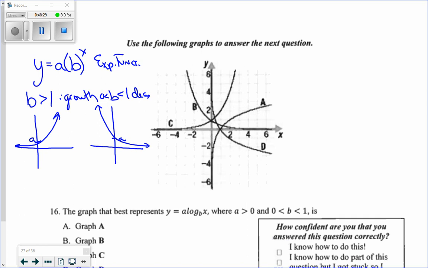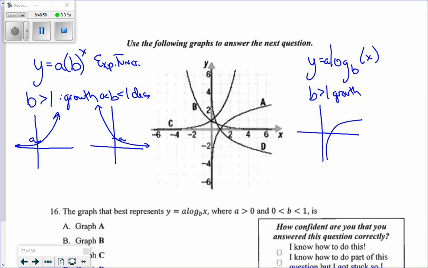For logs, what it looks like is this. Y equals a times log base b of x. If b is bigger than 1, it's called log growth. And it looks like this. And if b is between 0 and 1, it's called decay, same as the other one. But it looks like that.